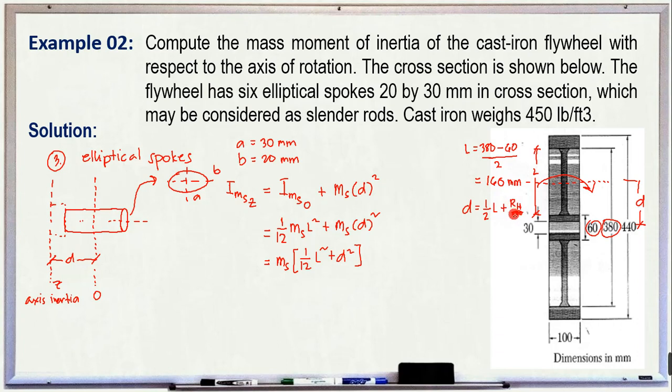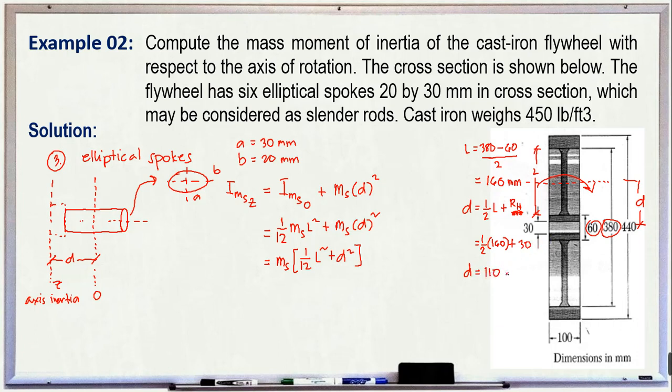Akala ko kasi diameter. So, plus the outer radius of the hub. We have 1/2 times the length of our spoke, 160, plus the outer radius of our hub, which is 30 because 60 is the diameter divided by 2. Therefore, our distance D is 1/2 times 160, that is 80, plus 30, we have 110.